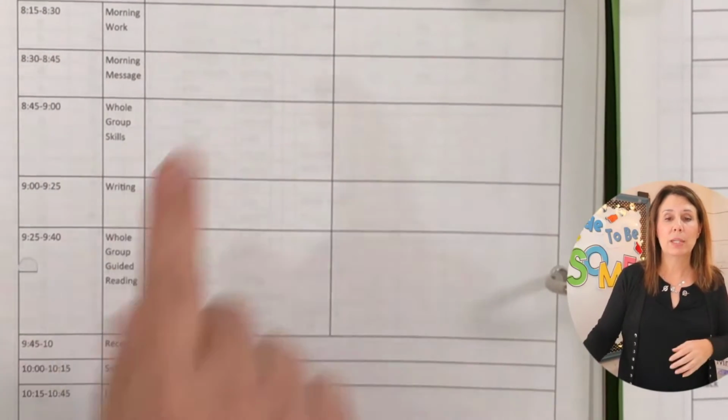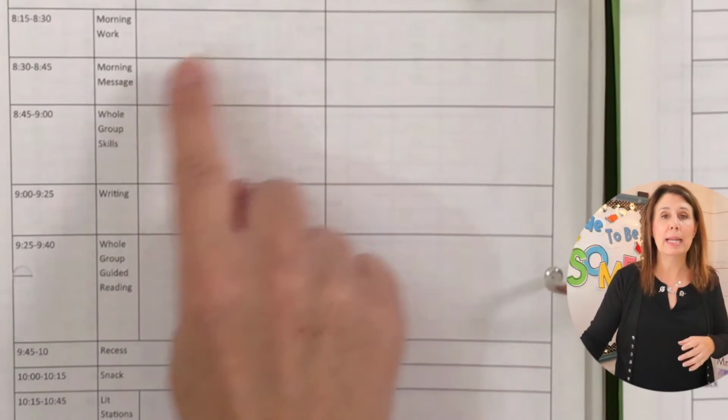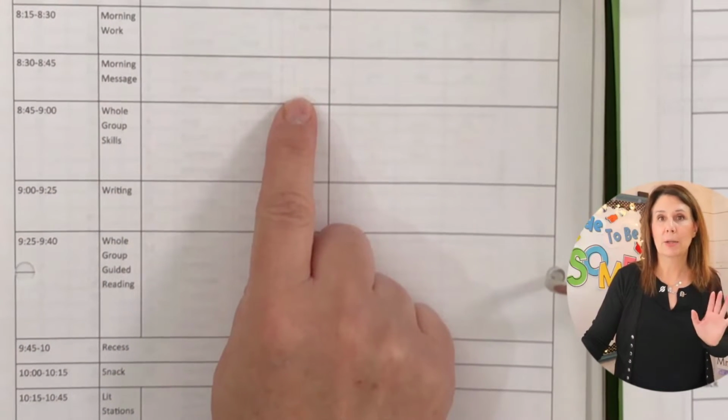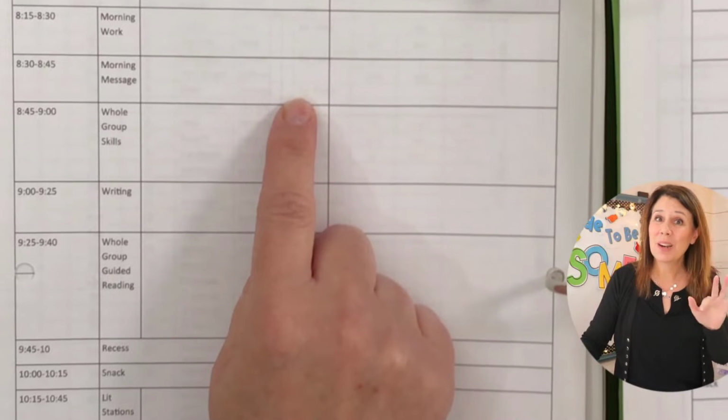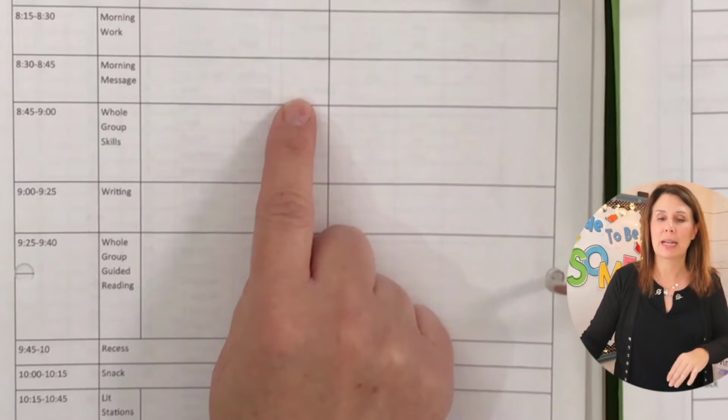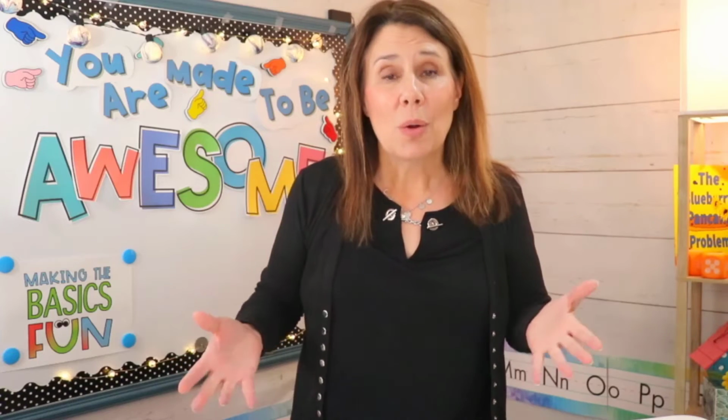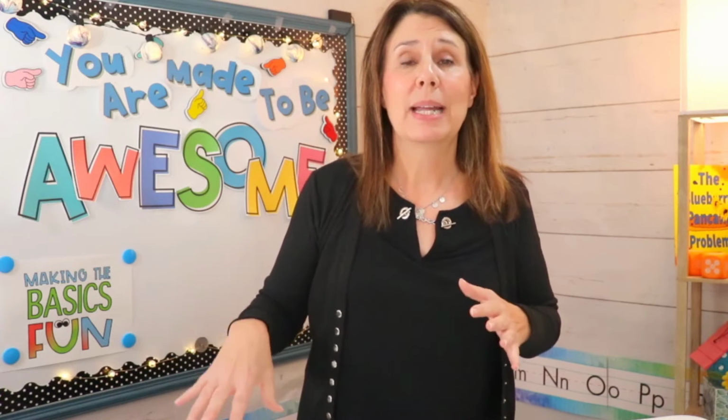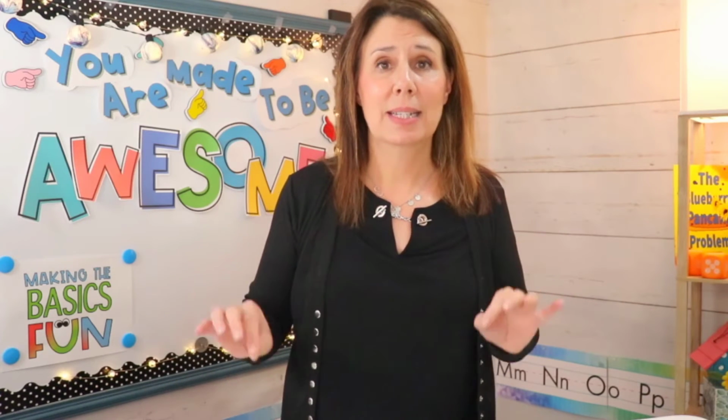So we have the when, we have the what, and now we need the how, the materials. And I would also write in the materials right there. And we're gonna get into how to organize those materials in just a second, okay? So the weekly plan template is the first step.